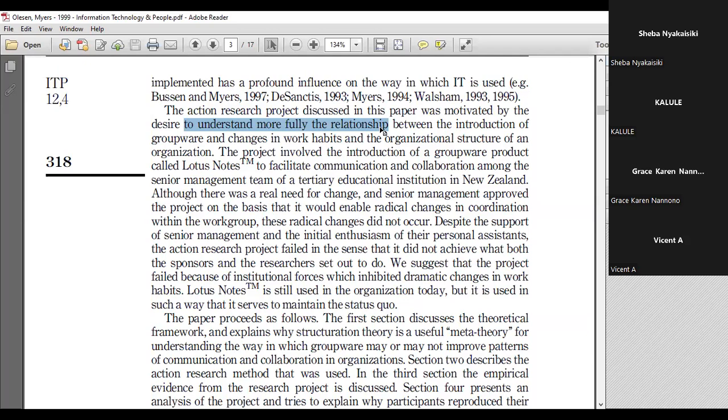This one is trying to understand a phenomenon. It's trying to understand a relationship. So this research approach, one would say, is a qualitative approach.